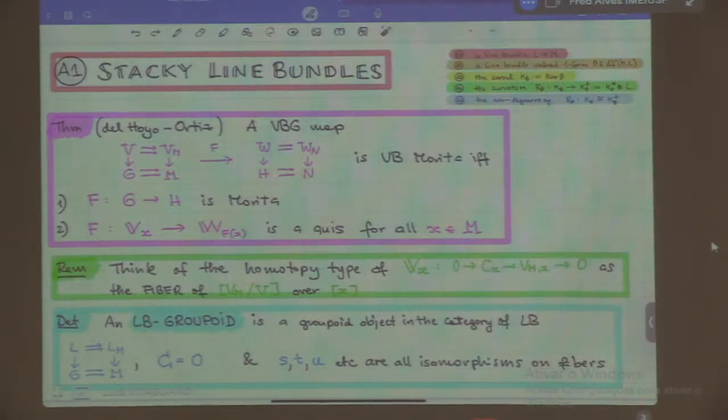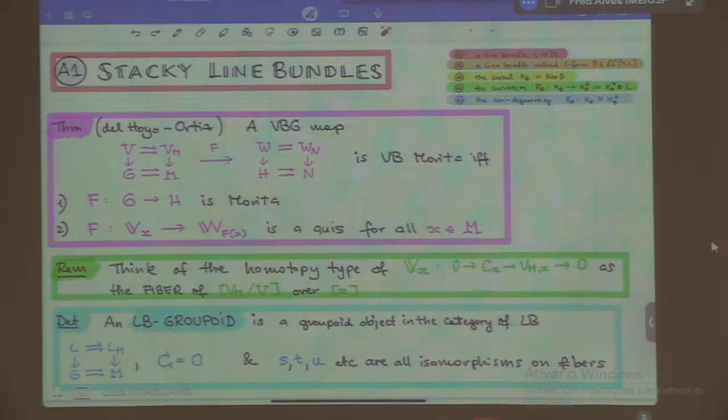As I was mentioning, I actually need line bundles, so I introduced this notion of an LB groupoid, which is just a line bundle in the category of groupoids, meaning that it's a VB groupoid where now both the arrows and objects form line bundles over arrows and objects.